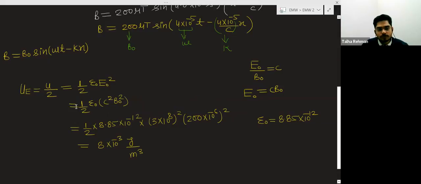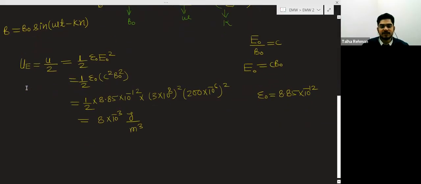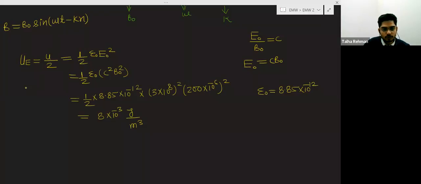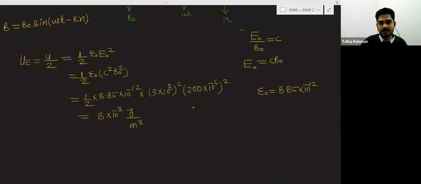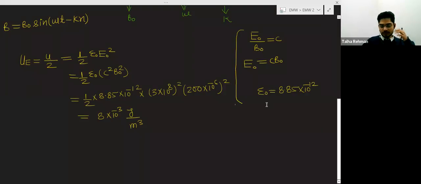Why joule per meter cube? Because this is the energy density. So your answer will be 8 millijoule per meter cube. You can write the answer in this form, no problem. You should know the value of epsilon naught.